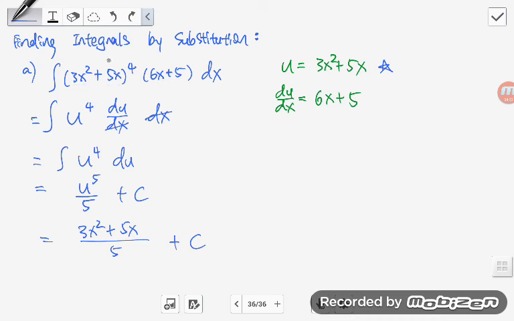So this is a derivative of that, and that's the reason I picked that as my u. After I have that u, I can use du dx to represent my 6x plus 5. So that's the thinking process that was involved.